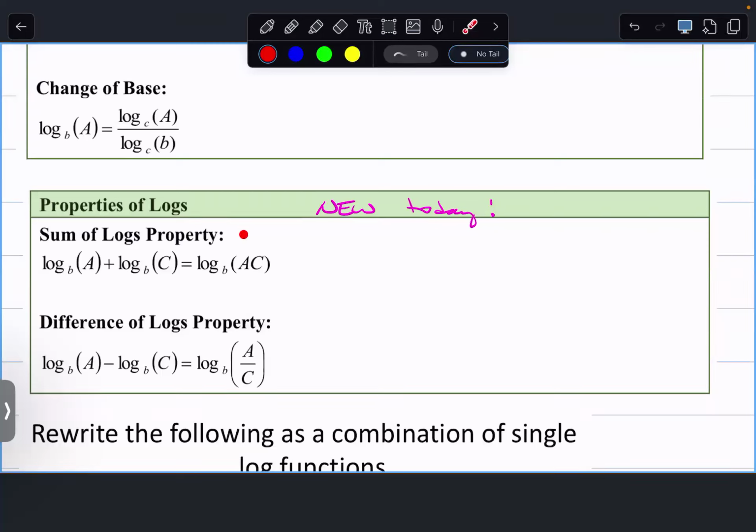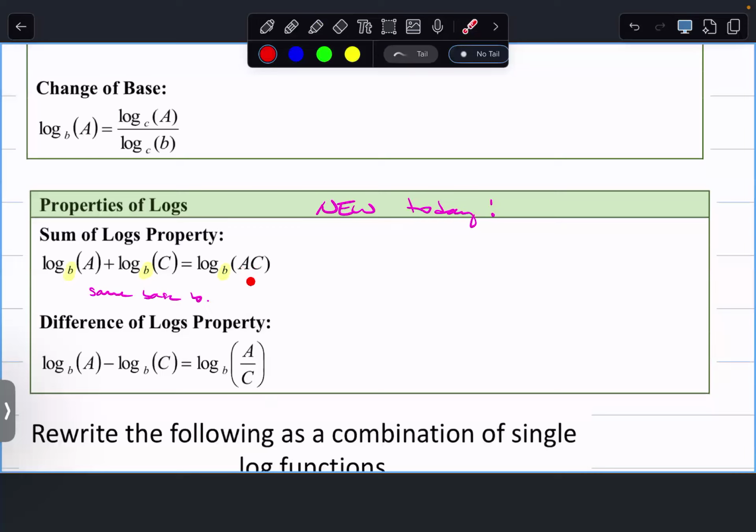Sum of logs. Notice that we have the same base b. If I have the log of a plus the log of c, I can combine those as one log by multiplying inside.